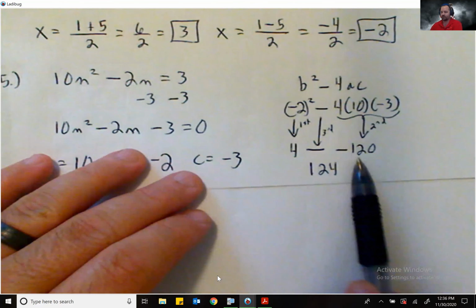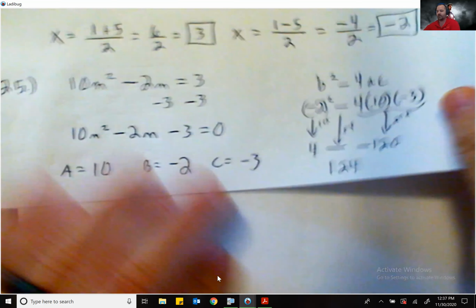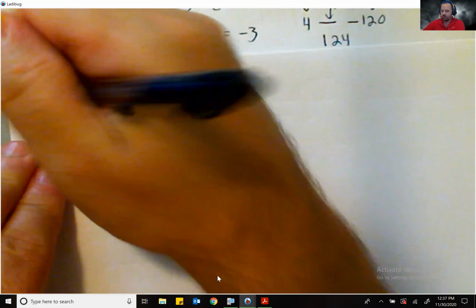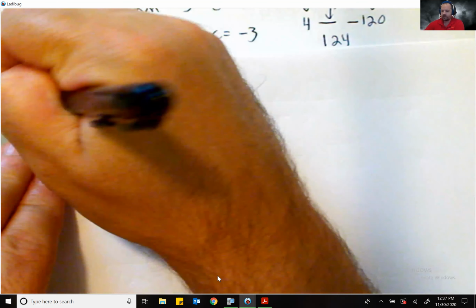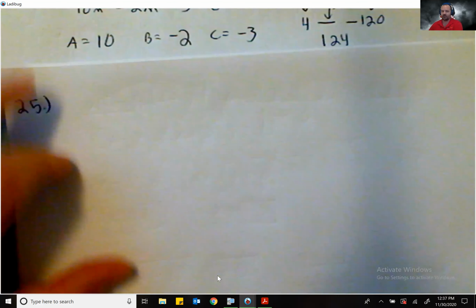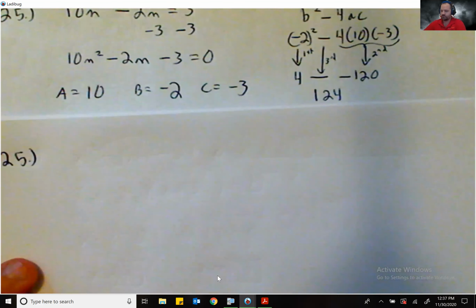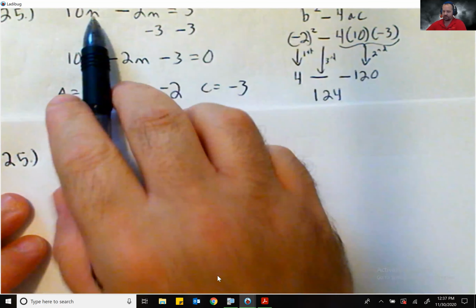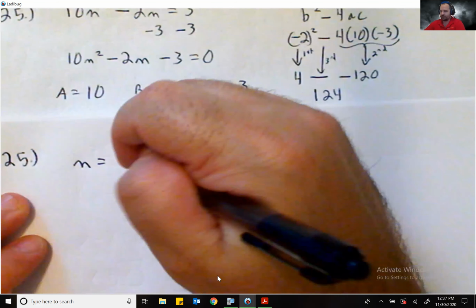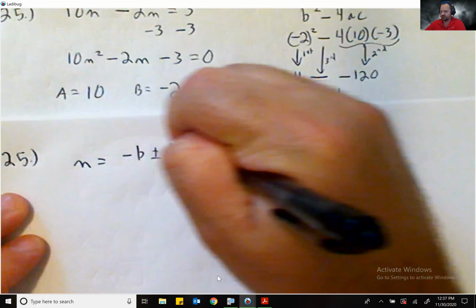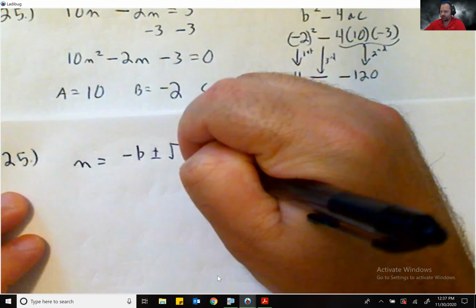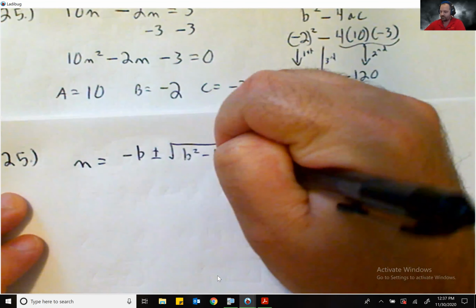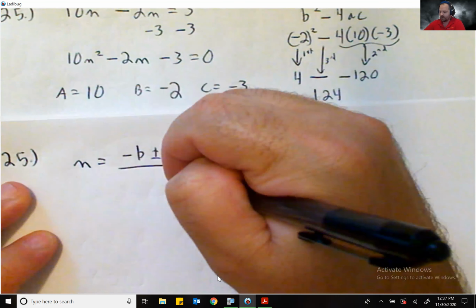So we have 124. So now with number 25, this is where I will do the rest of the equation, which is m equals, because that's our variable. If it was x, I would have put x there. The opposite of b plus or minus the square root of b squared minus 4ac, all over 2a.